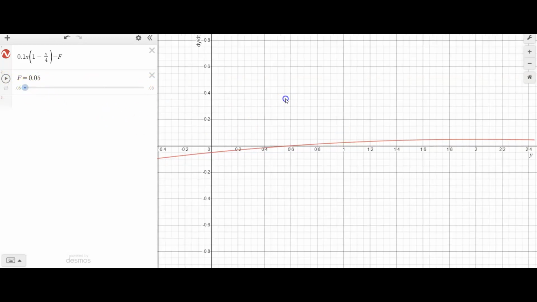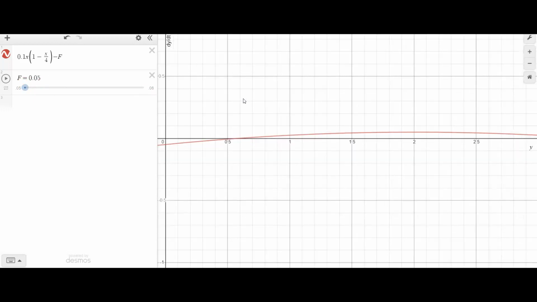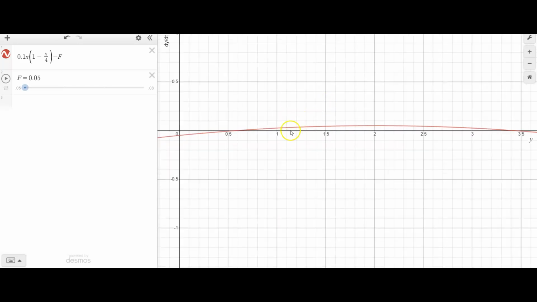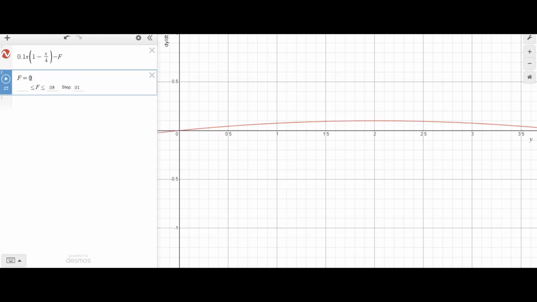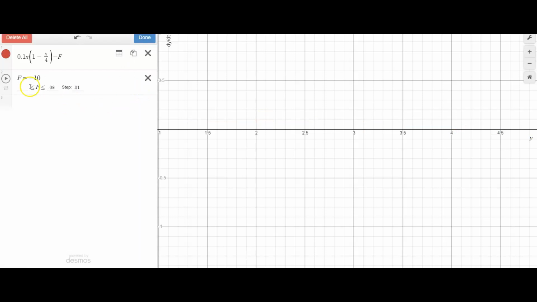So if we let 0.05 thousand, or 50 fish, be caught each month, then that suggests that we'll have two equilibrium points, 0.586 and 3.414. Now recall that if f was 0, we had equilibrium points of 0 and 4.